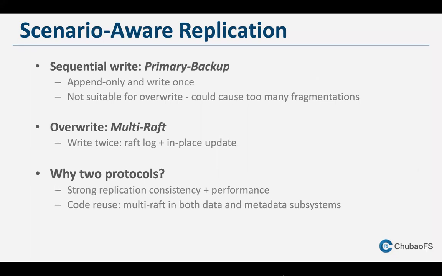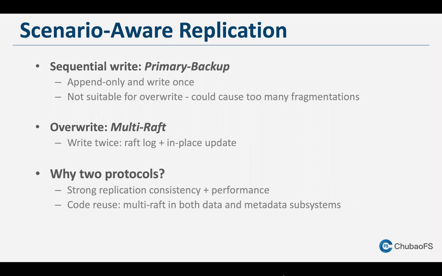Okay, so next I want to talk about the scenario-aware replication strategy in our file system. What we mean by scenario-aware replication is that we do the replication based on different write scenarios. For sequential write, we employ what we call primary backup-based replication. For overwrites, we employ multi-raft, which is a raft-based replication.